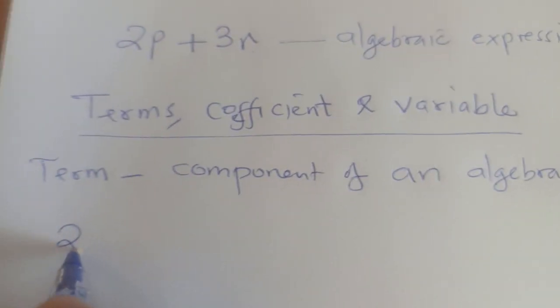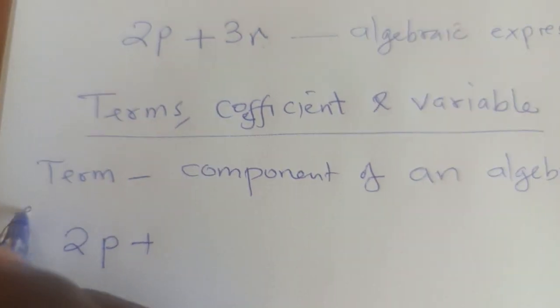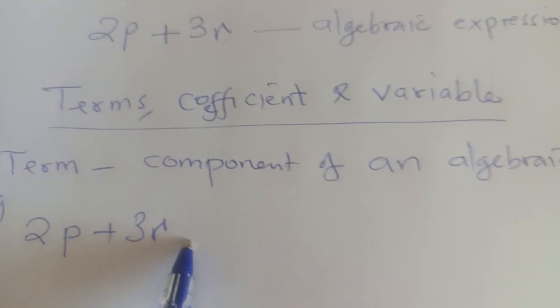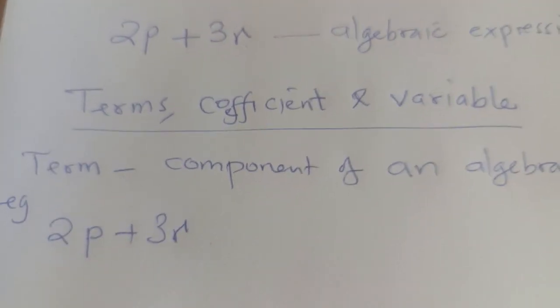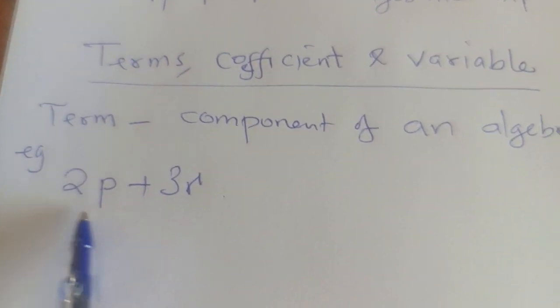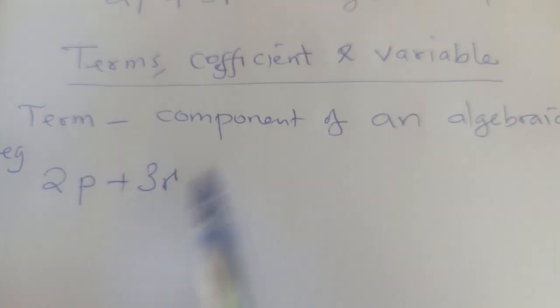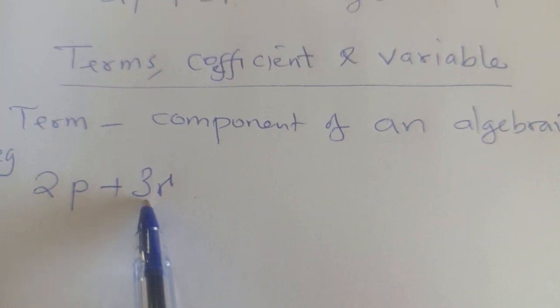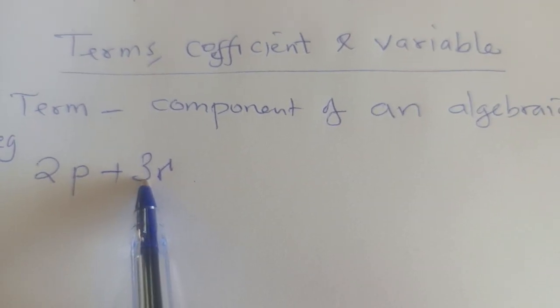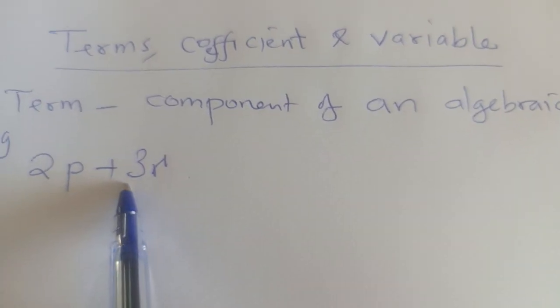For example, earlier on we talked of 2p. So we have 2p plus 3r. Now this is an algebraic expression. Now 2p is a term and 3r is another term. So this is an algebraic expression with two terms.